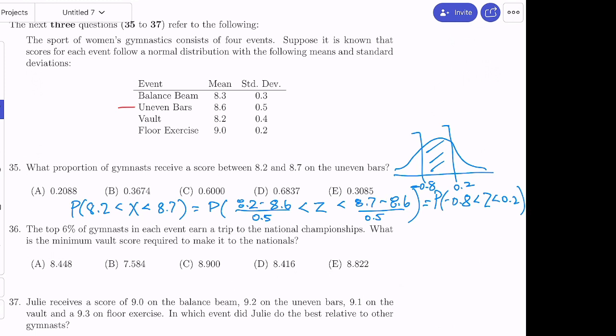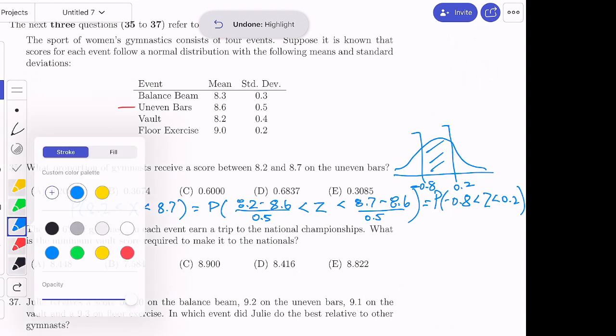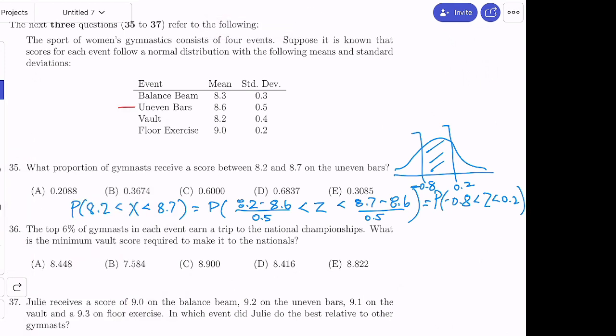0.2 for this to the left here is 0.2119, so 21%, and to the left here it's 57.93.